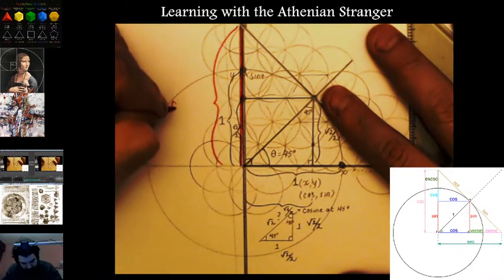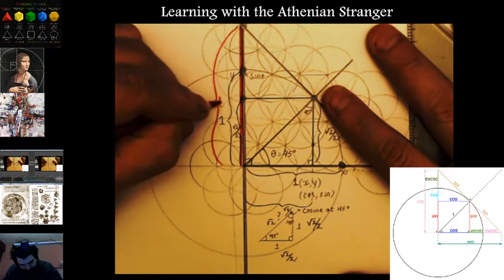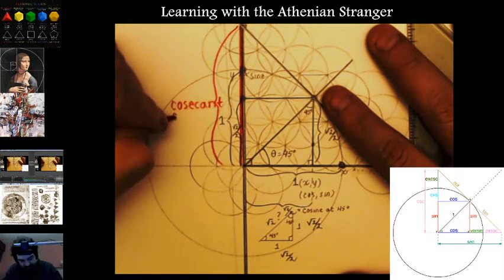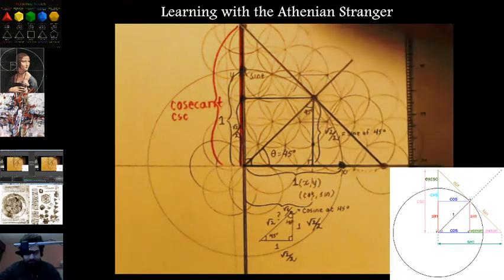This is the cosecant. It's abbreviated CSC in that diagram.